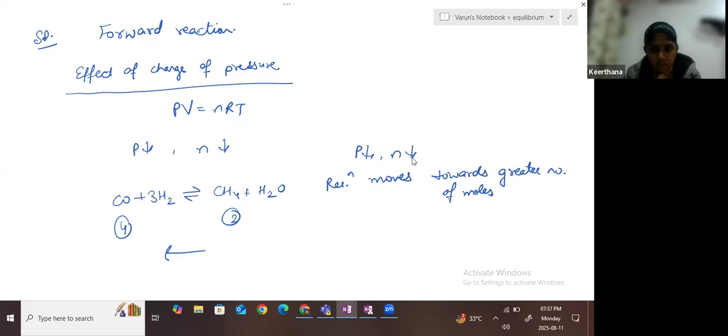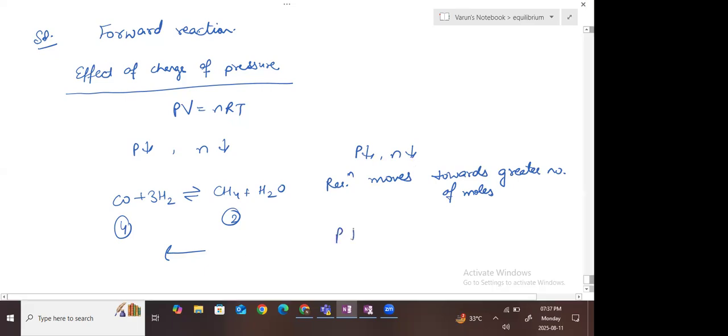And when we increase the pressure, number of moles will increase, so my reaction will shift towards less number of moles.